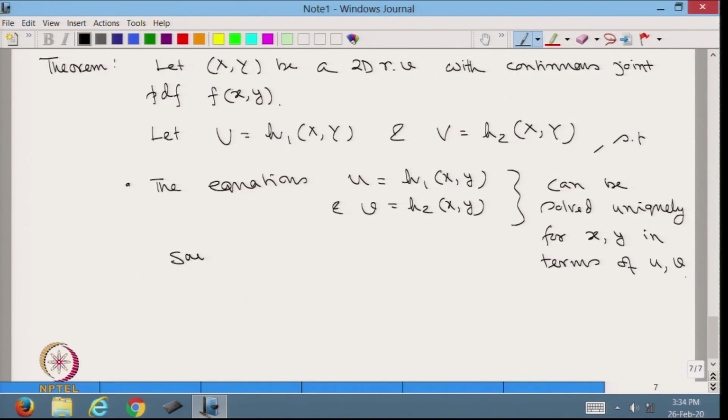So, say x is equal to g1 of u v and y is equal to g2 of u v.